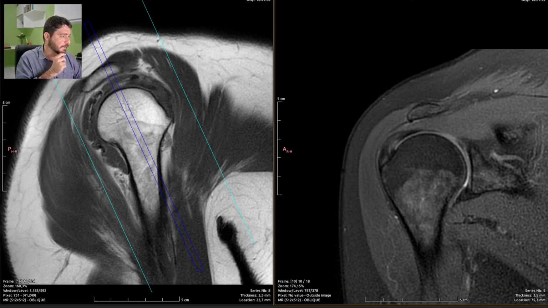So let's go. It's an arthrosis with mild synovitis of the acromioclavicular joint.